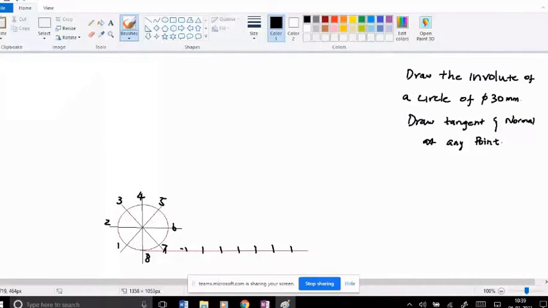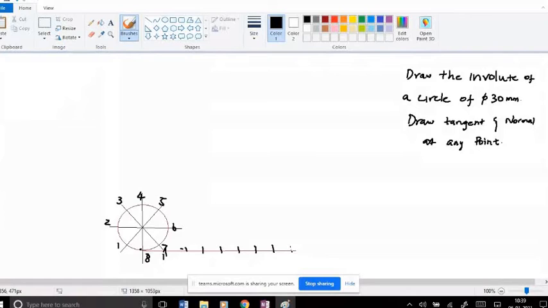So I'm going to name that as 1 dash and so on. Why I'm going to do this is, I'm going to unbound the string.